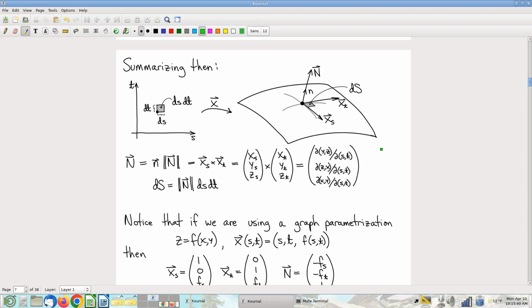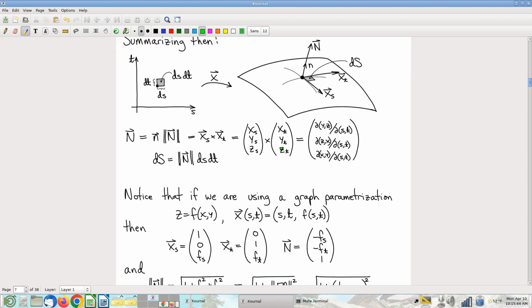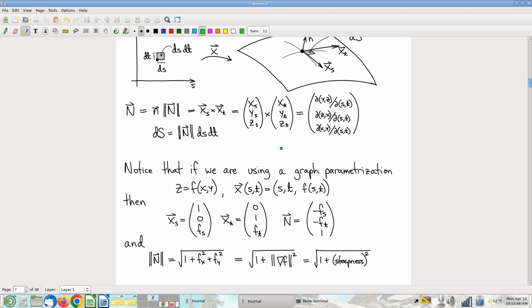Okay, so there's a special case I want to point out, and that is if you are using a graph parameterization. Specifically, remember that the graph parameterization is this thing right here, and I'm going to take the case where the input parameters are x and y.